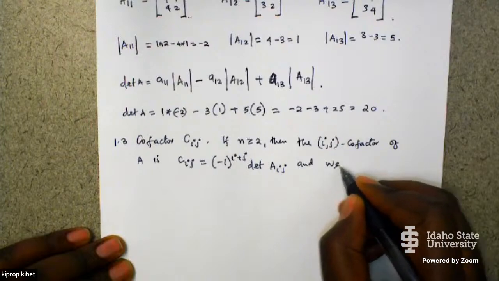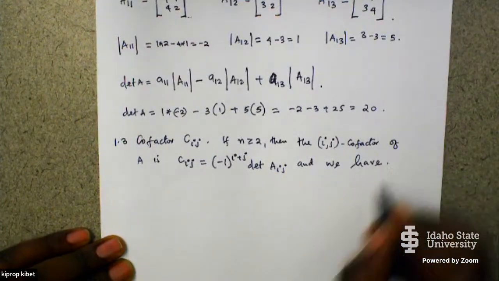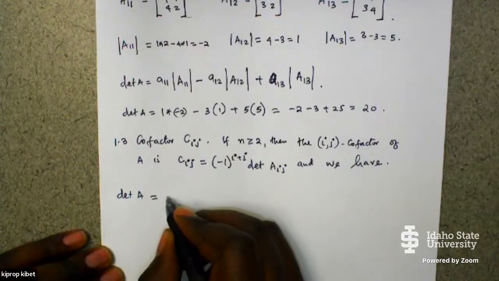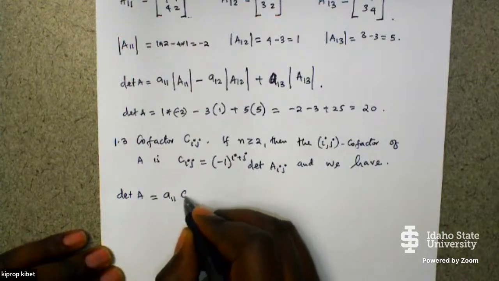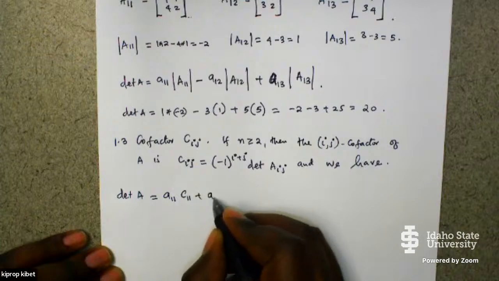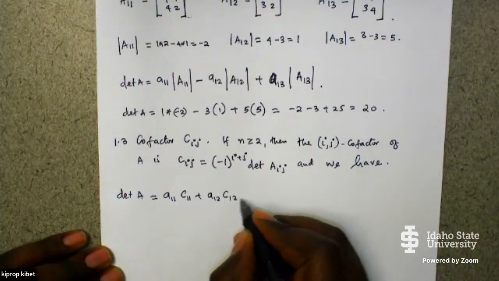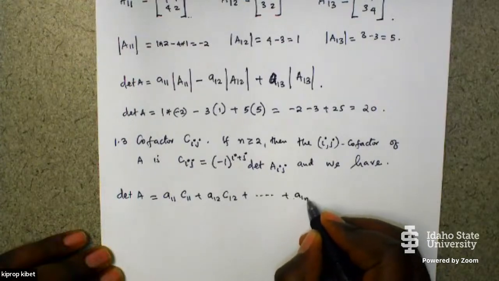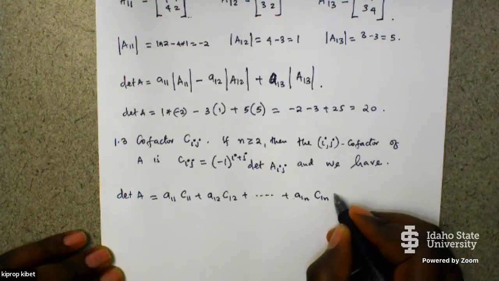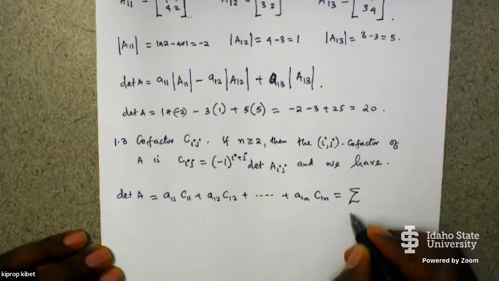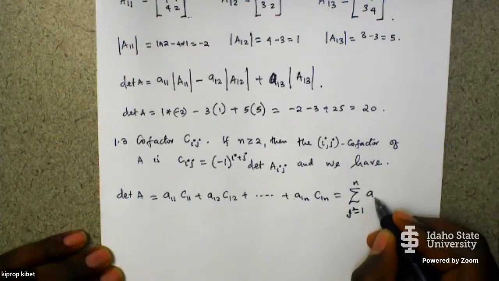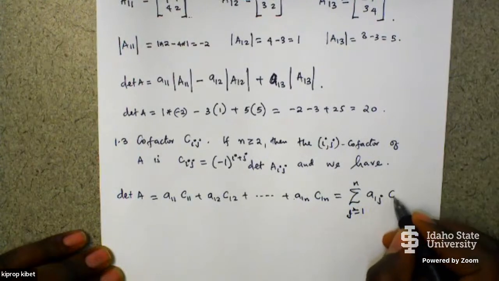And we have the determinant of A to be equal to A11 C11 plus A12 C12 plus up to A1n C1n, which is the same as the summation of j equals 1 to n of A1j C1j.